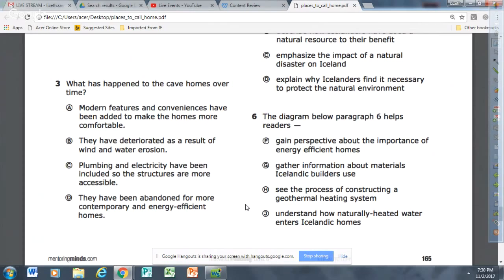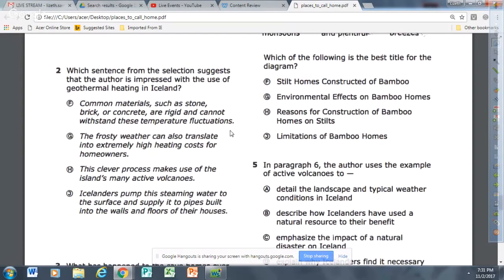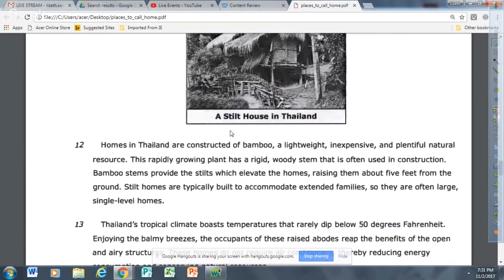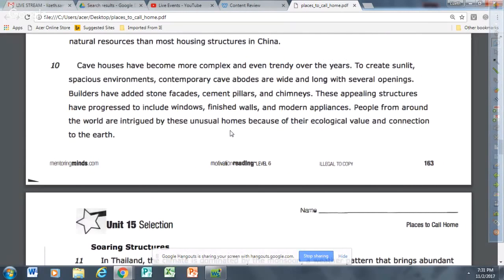I think you guys can easily eliminate B and D. So we have A and C. Have modern features and conveniences been added to make homes more comfortable? Or has plumbing and electricity been included so structures are more accessible? So is it talking about it being more accessible or about it being more comfortable? Let's go back to that section and look over here.